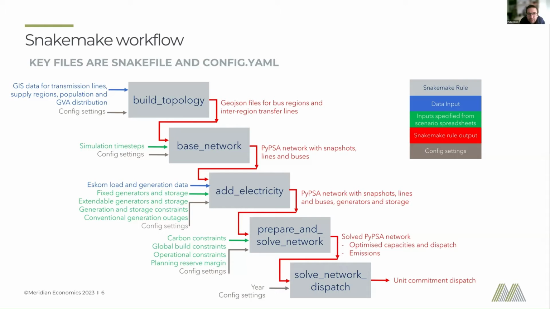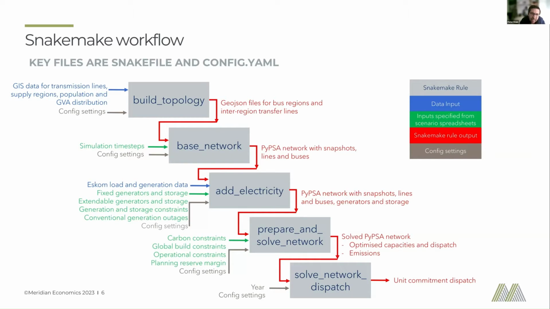Finally, once we've prepared the network and solved it, that now is the kind of capacity expansion network. Because we solve our model in full chronology, we haven't done a lot of unit commitment dispatch work after that, but it's definitely a script that we are busy working on, where now that you've solved for capacities in capacity expansion mode, now you do a bit more of a detailed unit commitment dispatch.